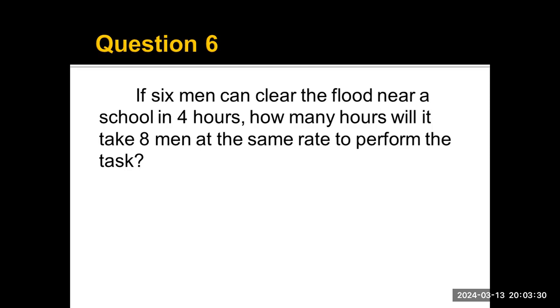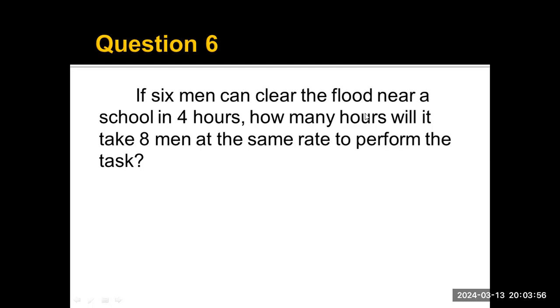Actually, there is a shortcut for this. If you encounter this problem, you can take the first phrase, the if phrase. So we have here 6 men for 4 hours. You can multiply them directly as a shortcut technique. So 6 times 4, 24. And after the if phrase, we have this interrogative sentence.